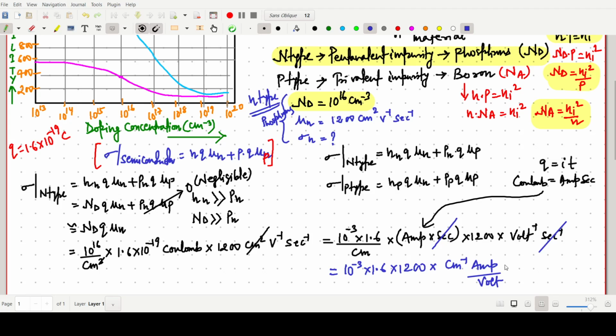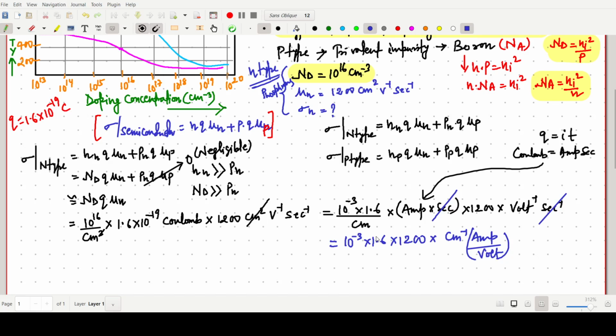If we remove the decimal point, it should be 16 into 120 into 10 to the power minus 3, centimeter inverse, and ampere by volt is simply ohm inverse.